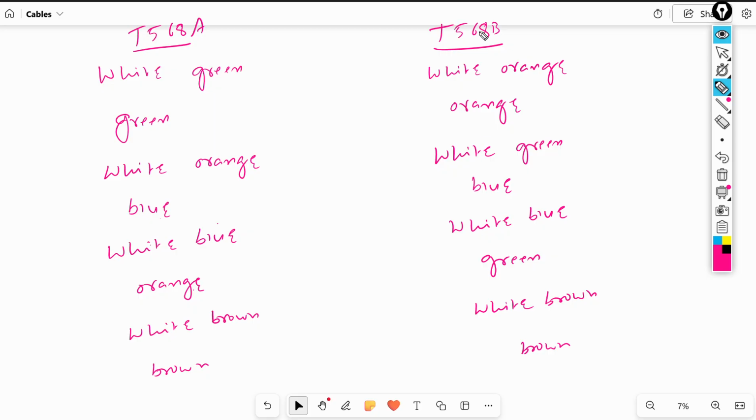This is the order of 568B, and this is the order of 568A. These are the universal standards. Remember this point, very, very important.